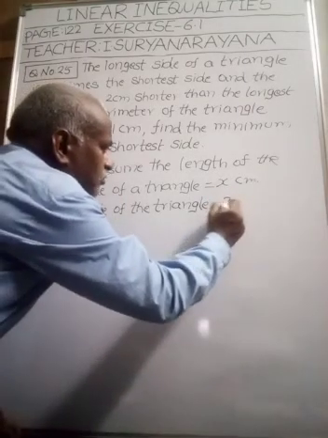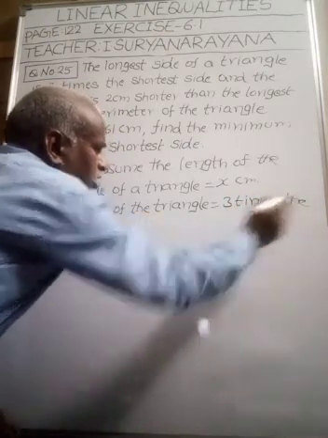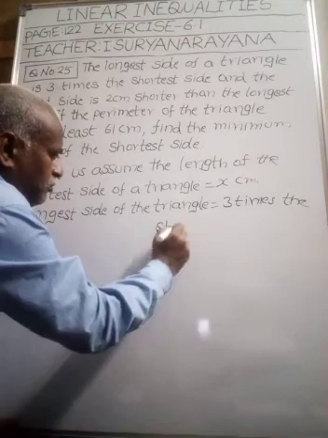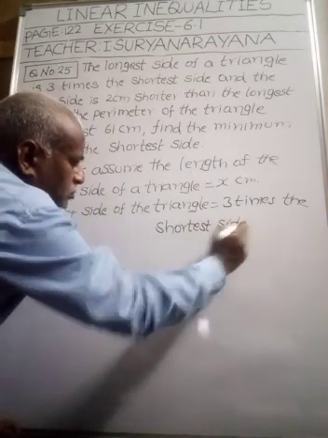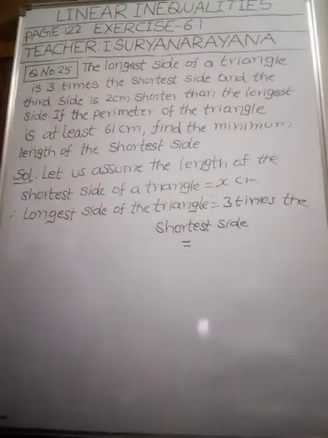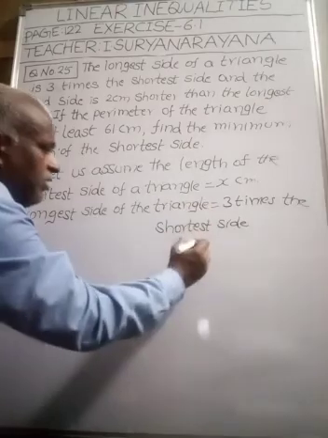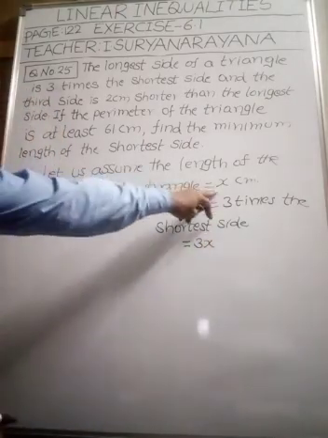So we write this sentence in the form of an expression. How do you write 3x? Because the length of the shortest side is x.